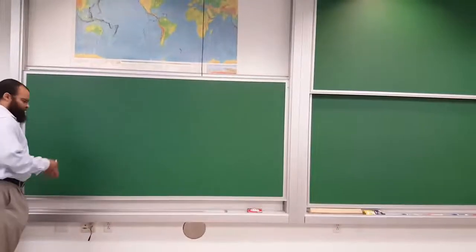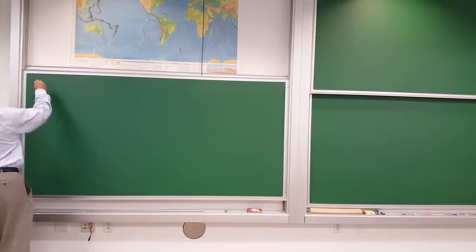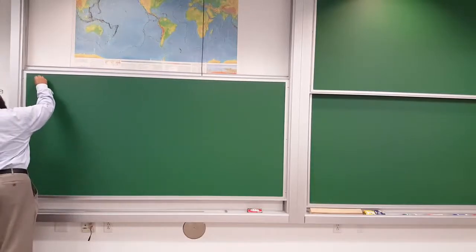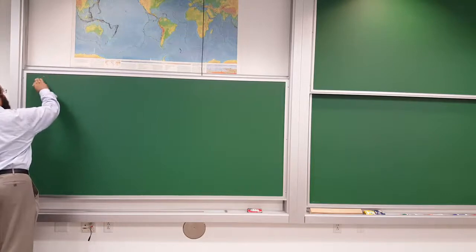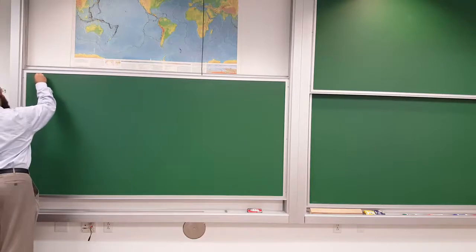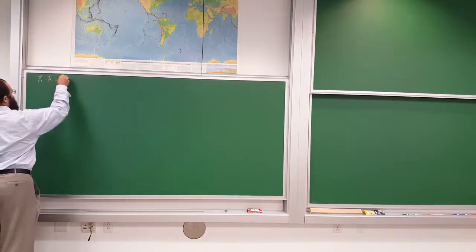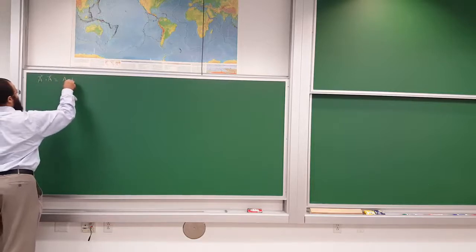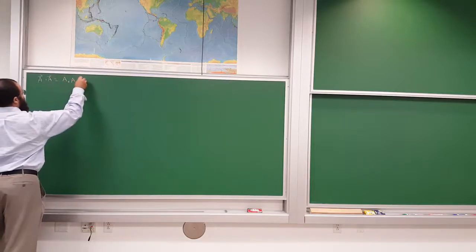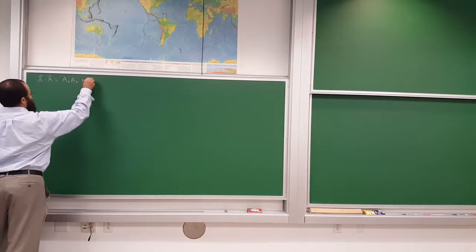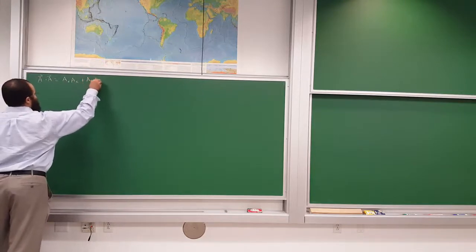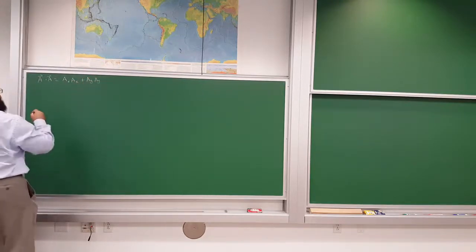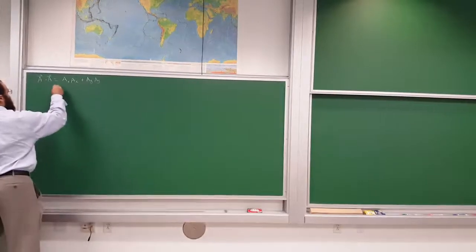So remember, we said if you have the magnitude of a vector squared, let me write vector A dot A is equal to the x component of A times the x component of A plus the y component of A times the y component of A. I was just doing two dimensions, but it works the same way in 3D.